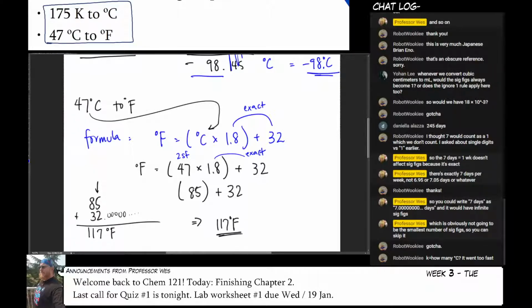And there's our answer. And our answer goes to the ones place. And it does have 3 sig figs because the last step that we did was addition. So be mindful of that. Don't just automatically say for every formula problem you're going to count the number of sig figs the first number has. Because addition and subtraction will mess that up, okay? So be careful.